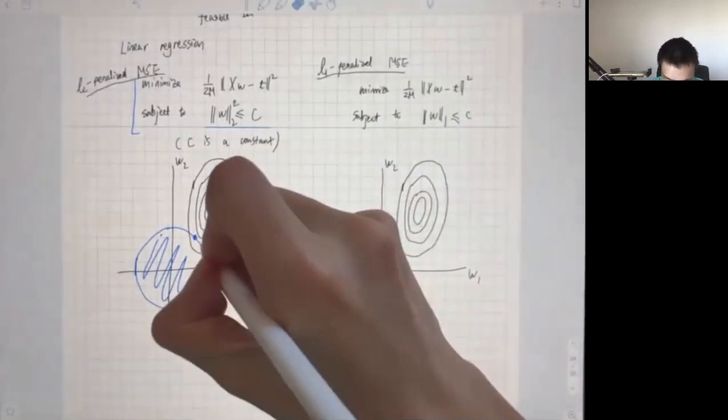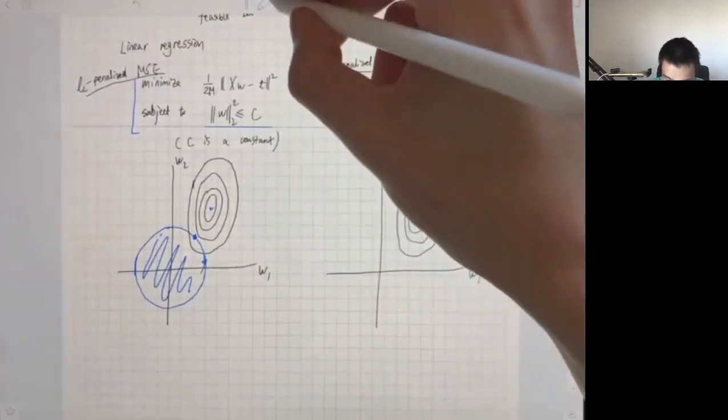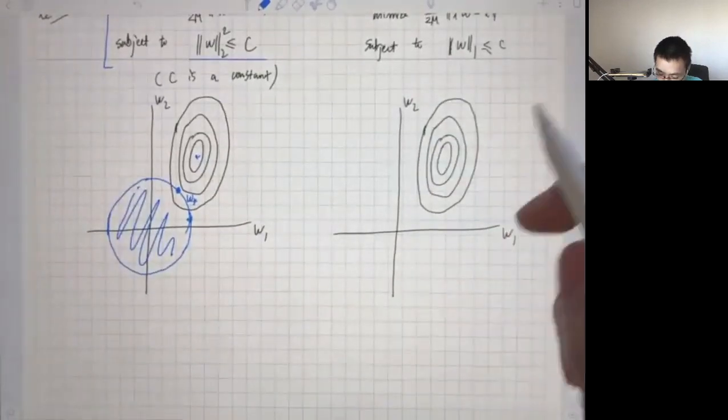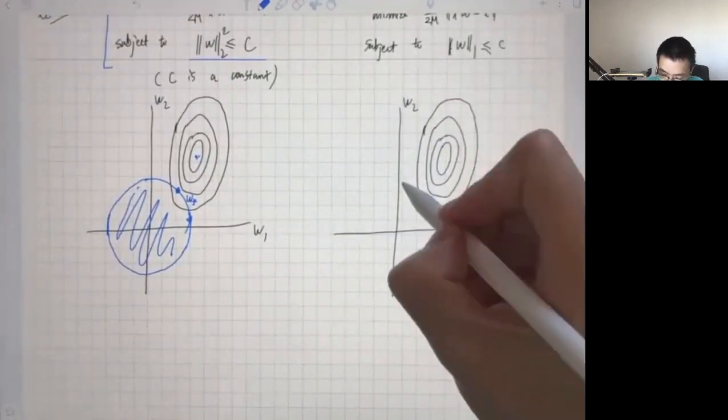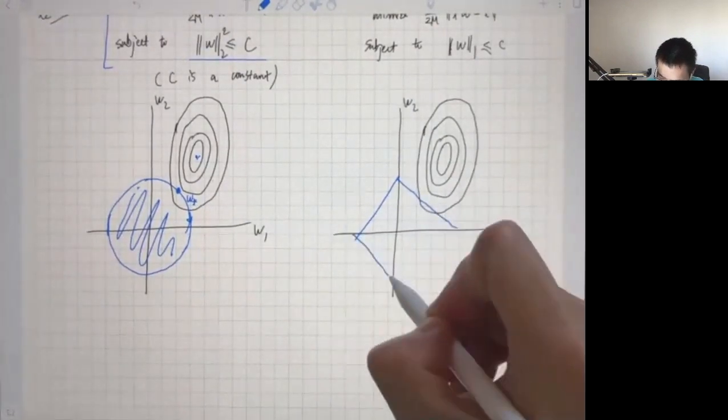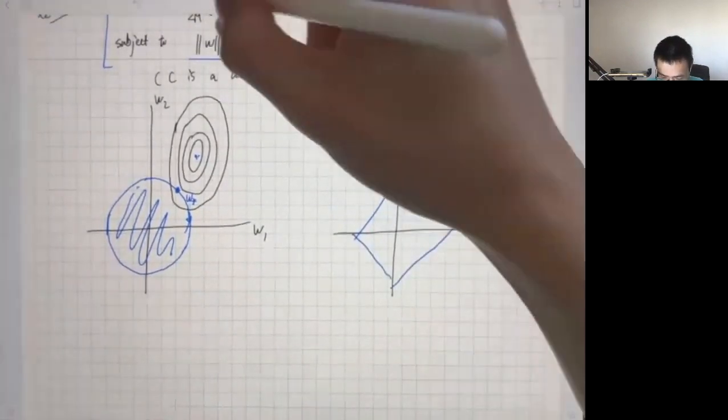So the solution, W star, will be here, likely. If I have the L1 norm, then my restriction is a diamond, okay? That's too ugly.